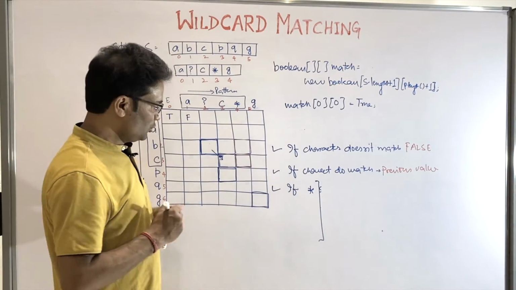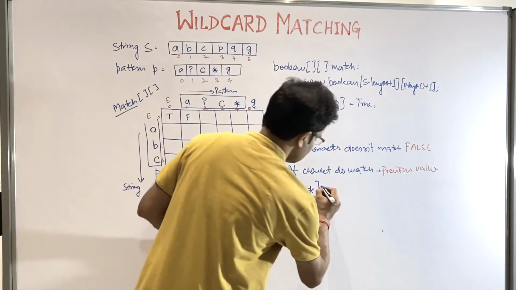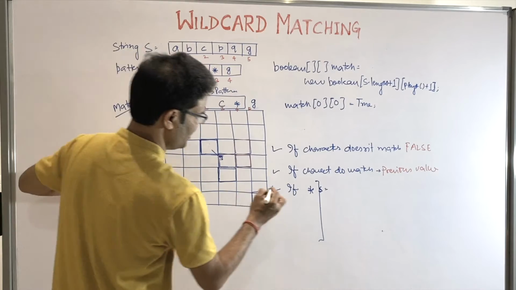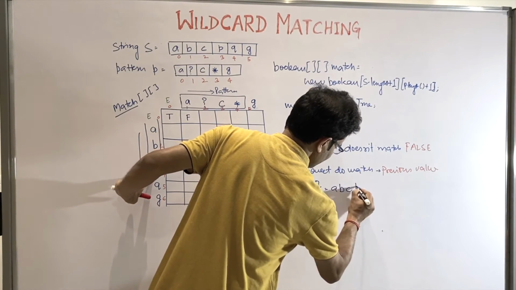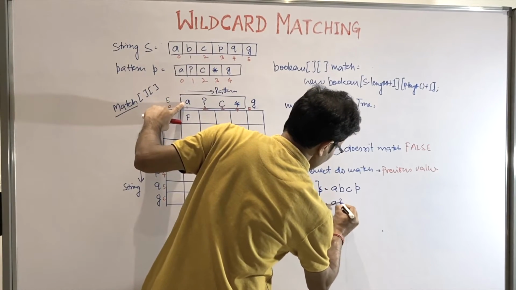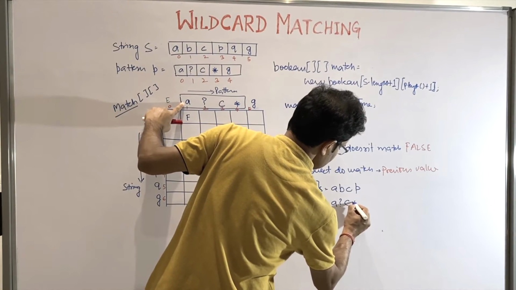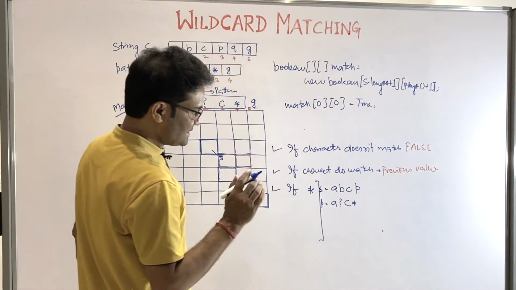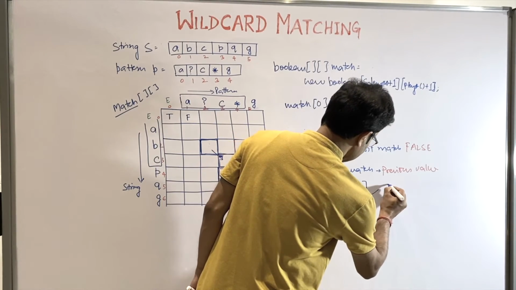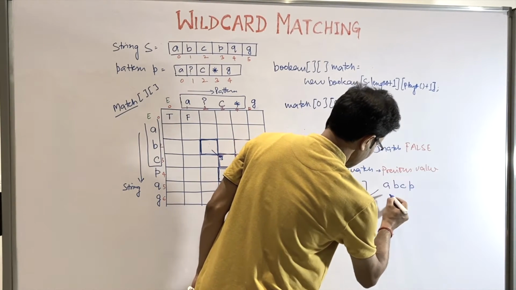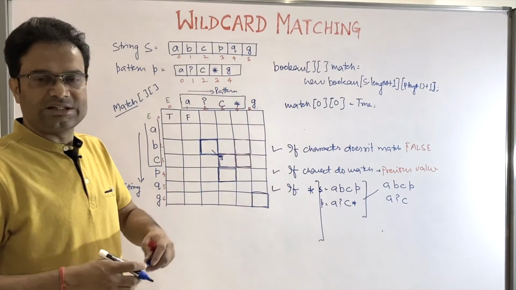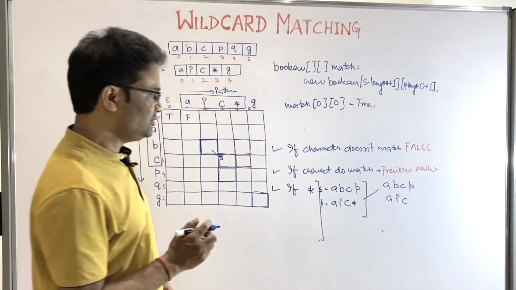Now if the star is coming, take one example and then we can understand. Suppose I'm taking ABCP, and the pattern A question mark C and asterisk. In this case there are two possibilities. First, take the string as it is, and consider the pattern as if the asterisk is not there, because asterisk could be empty, and see whether this is true or not.